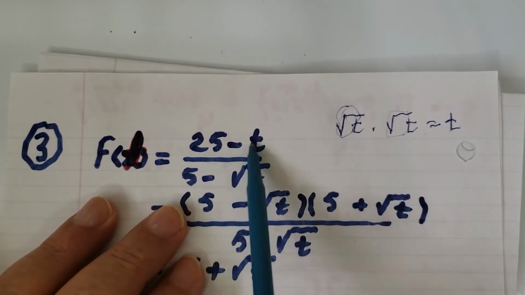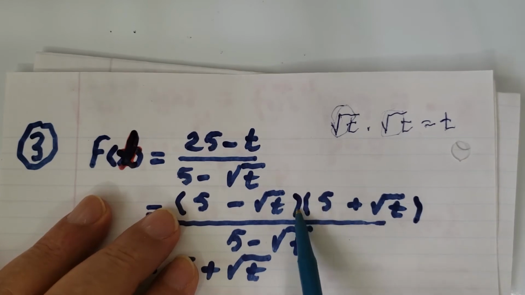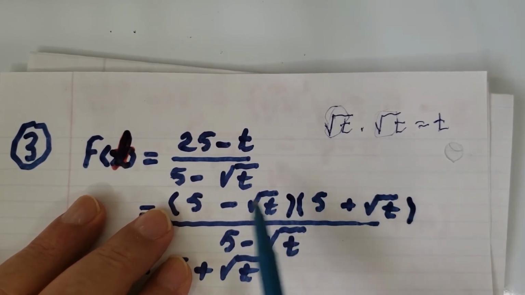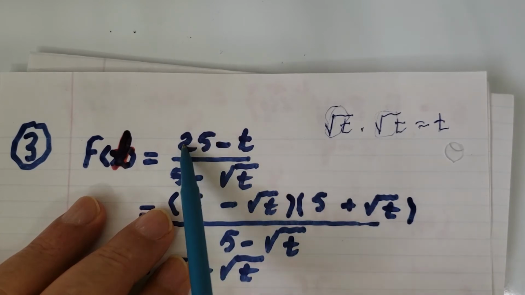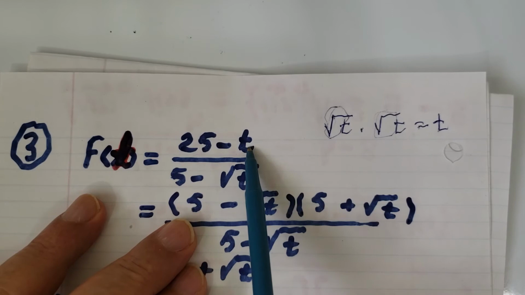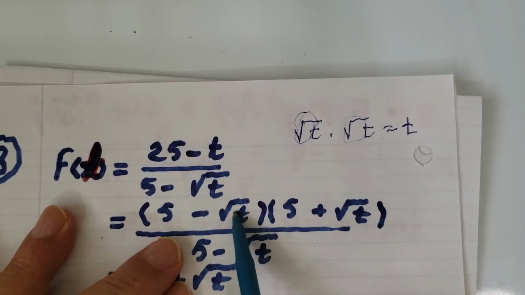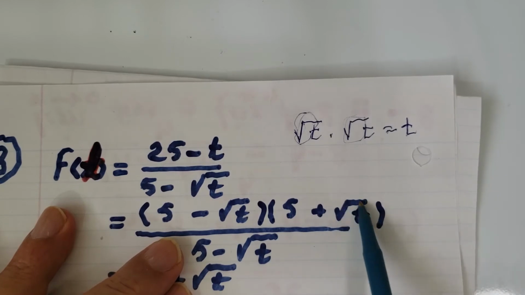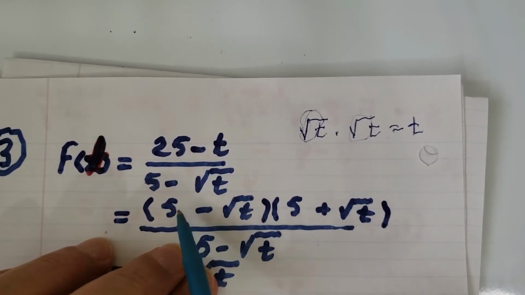To factorize this, we write two brackets and another two brackets, with the signs negative and positive. Here 25, we put it as 5 and 5, and this, as we explained, will be the square root of t and the square root of t. Now we compare the bottom and the numerator.